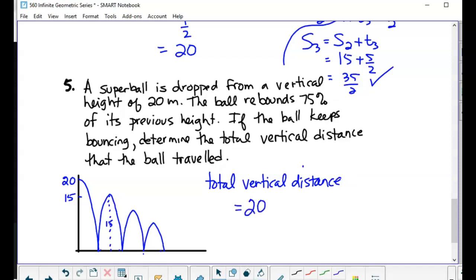I'm going to split it up, the 20 alone, because there's only one of them, plus this series of 15, and then 75% of 15, 75% of that again, twice. Once for going up and once for going down. So 2 times the sum of that series, and in this case, it's an infinite series. Okay? It just keeps getting smaller and smaller and smaller. In reality, without friction and gravity, maybe it wouldn't be 75% in that case, but it would still keep bouncing forever.